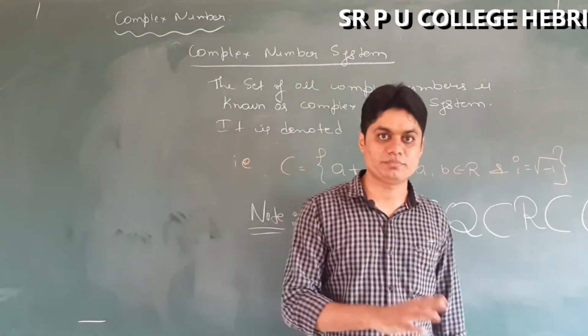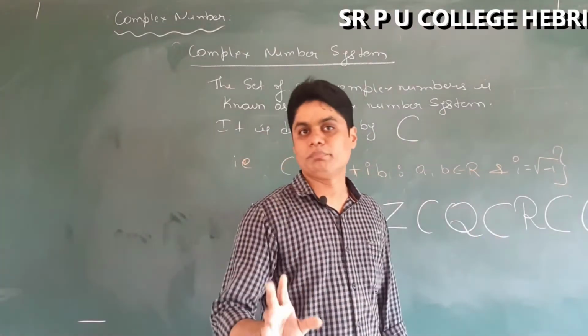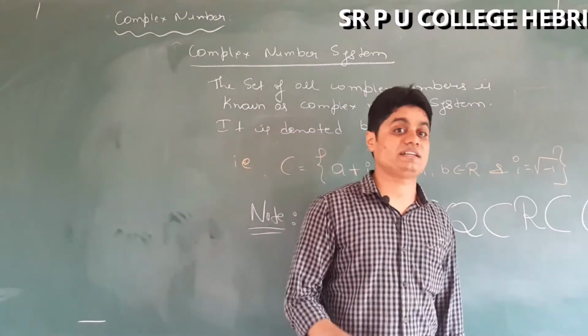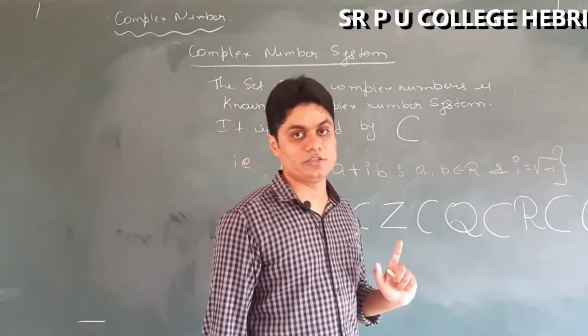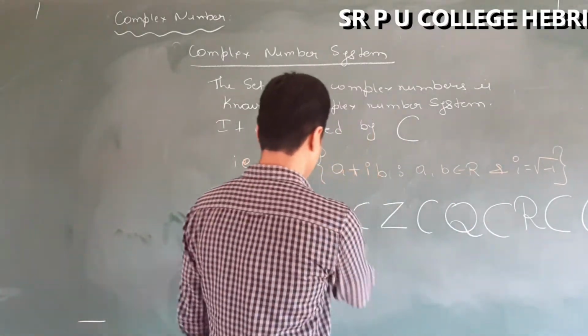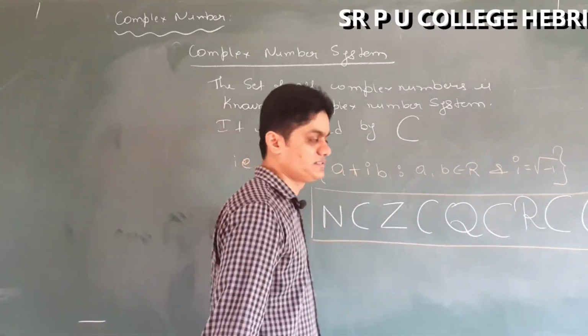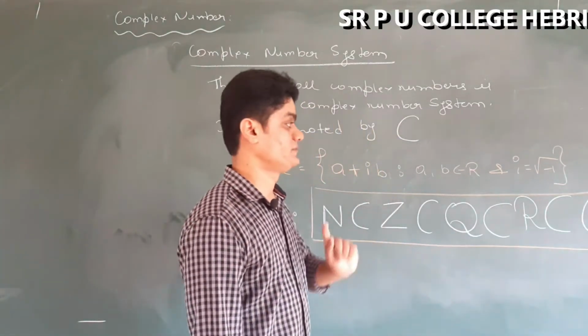You may get one in the future, but up to now the biggest known system is the complex number system, and it is the most difficult to understand compared to the remaining ones. So please remember: N is a subset of Z, Z is a subset of Q, Q is a subset of R, and R is a subset of C.